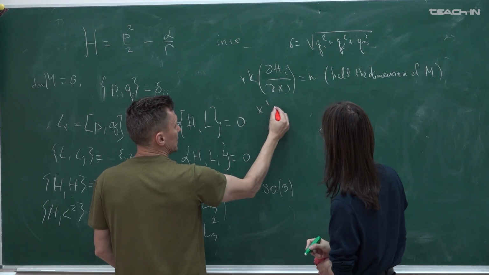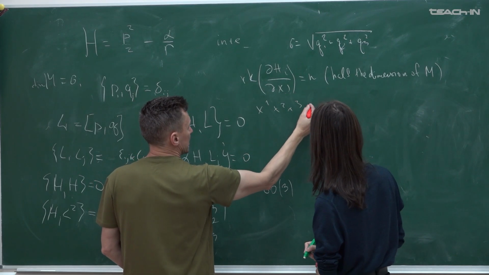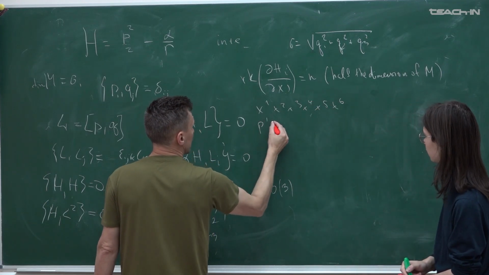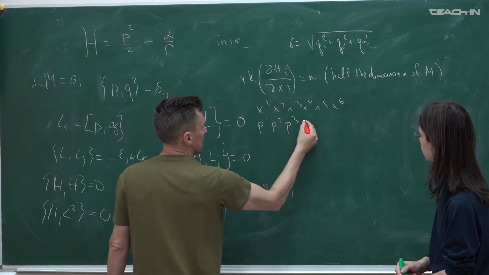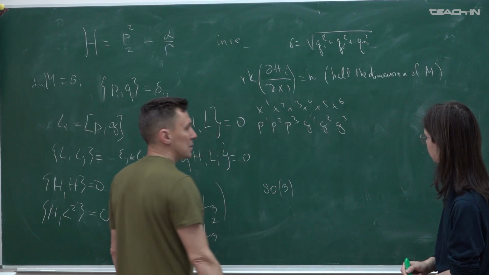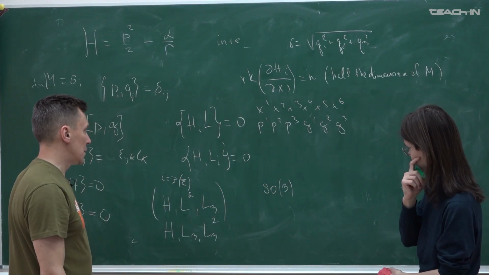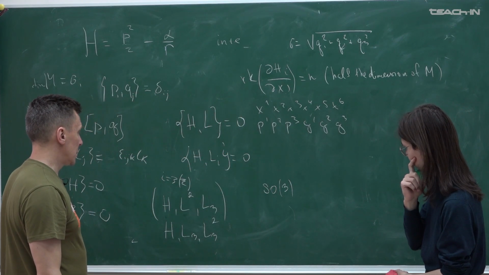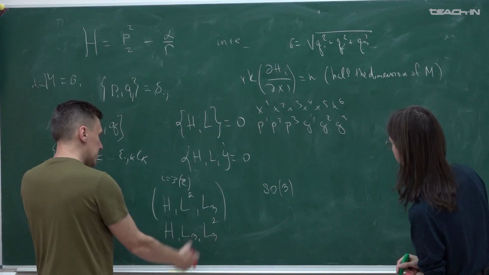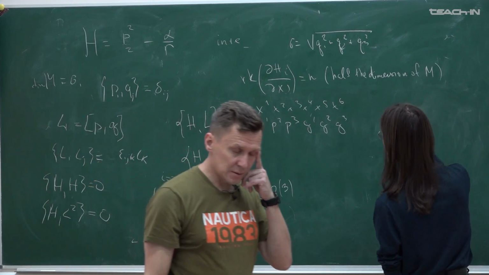So we have x1, x2, x3, x4, x5, x6, which are p1, p2, p3, q1, q2, q3. As you like, L3 is the simplest.